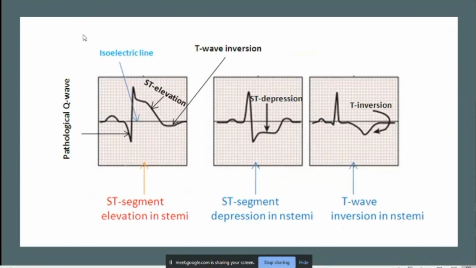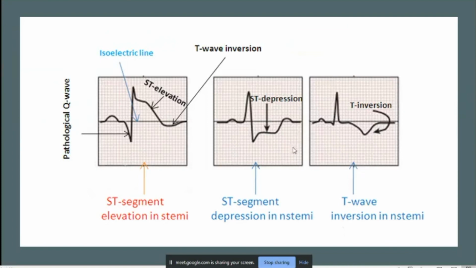Now, let's have a look at how the ST segment elevation looks here. So we know the normal ECG pattern. Here, the ST segment elevation in STEMI is like this. The ST segment will be elevated above the isoelectric line. These are the two patterns we sometimes see in NSTEMI: it can be ST segment depression, or it can be T-wave inversion.